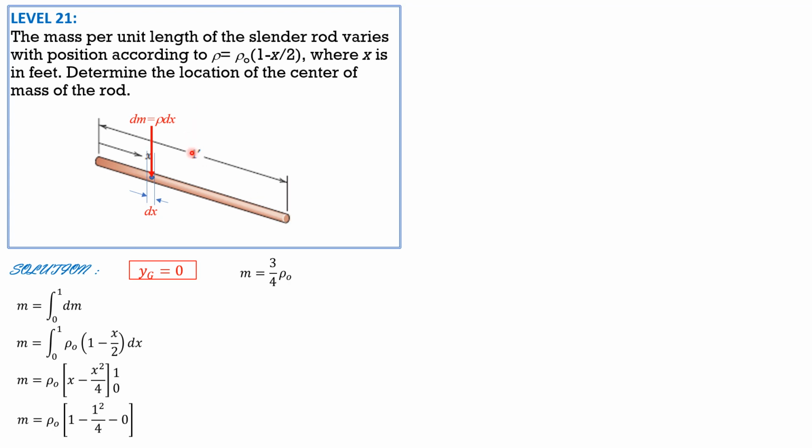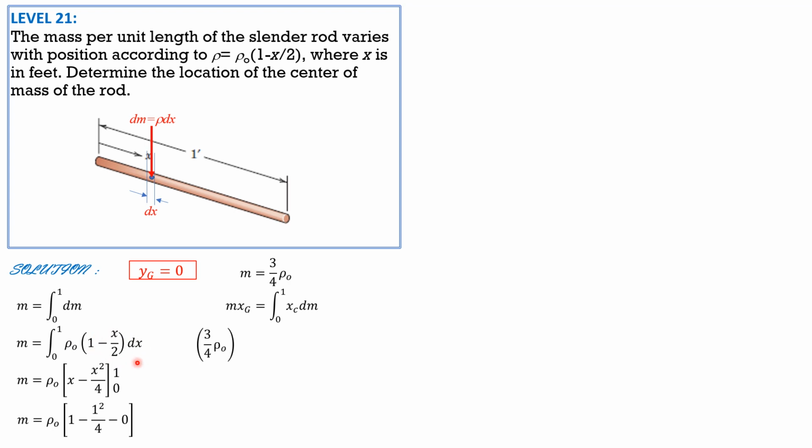Its position from the left is denoted by xg. By Varignon's theorem, mass times xg equals integral of x sub c differential mass, where x sub c is just x, because we consider the differential element and the centroid, or center of gravity, is located x distance from the left end, and differential mass is given by this expression here.